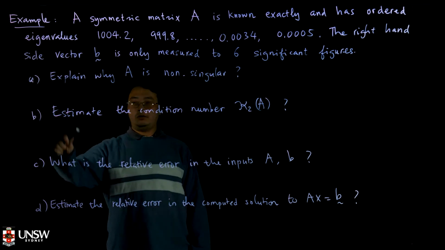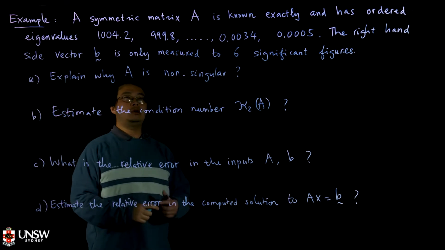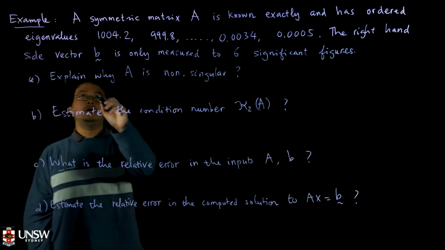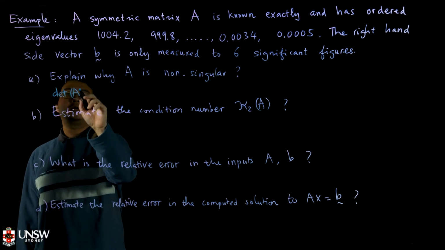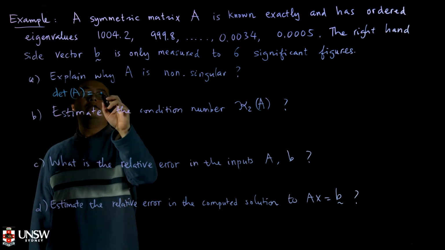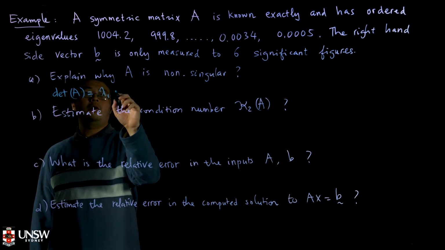So now we have a few questions. First, why is the matrix non-singular? Well, because the determinant of the matrix is just the product of all the eigenvalues.